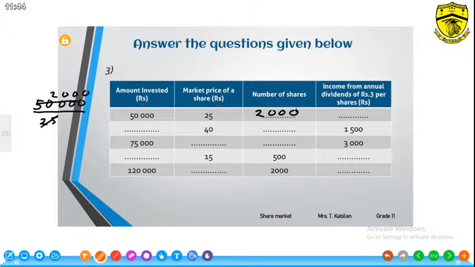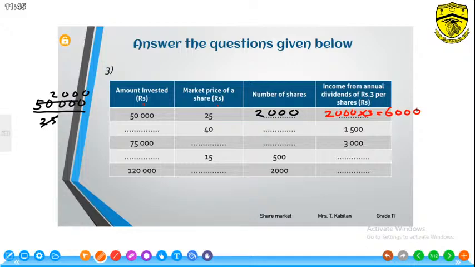Okay, from the number of shares we can find the income easily, because the dividend per share is also given. So multiplying the number of shares by 3, you will obtain rupees 6000 as the income of this investor. Here there is no need to write the rupee sign because it is already given in the table, right? Okay.